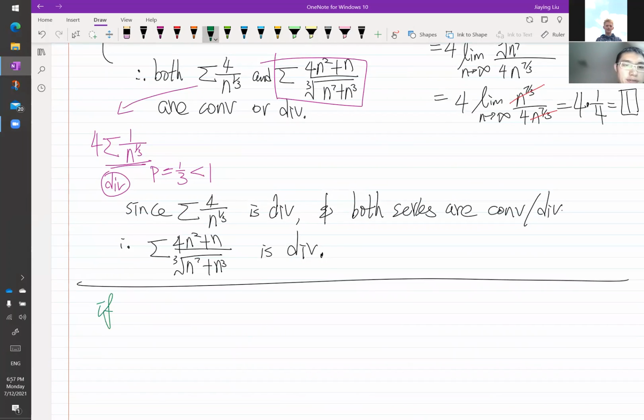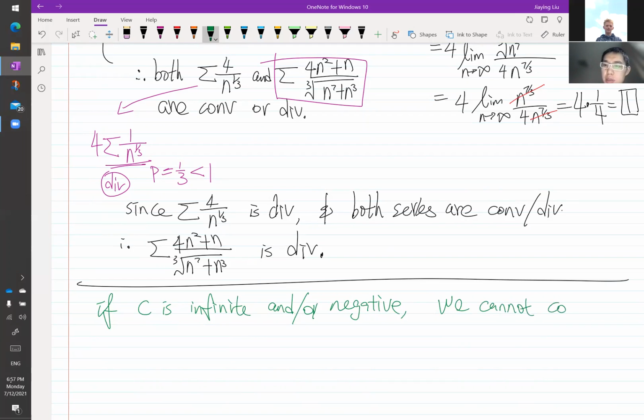So if C is infinite and/or negative, we cannot conclude that both are convergent or both are divergent. So this test basically is useless in that case.